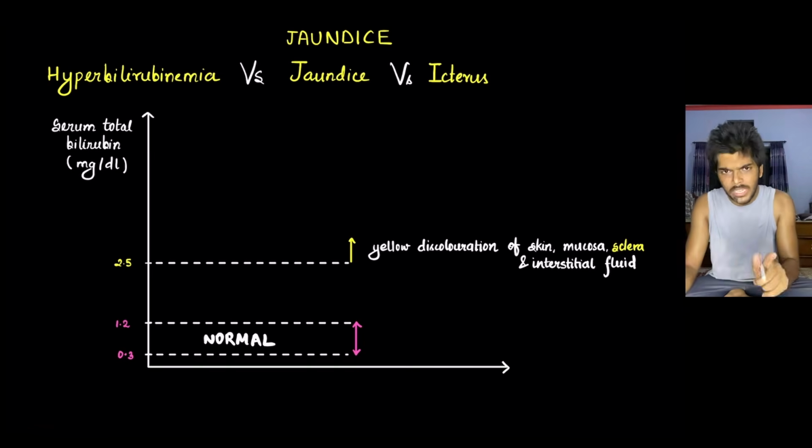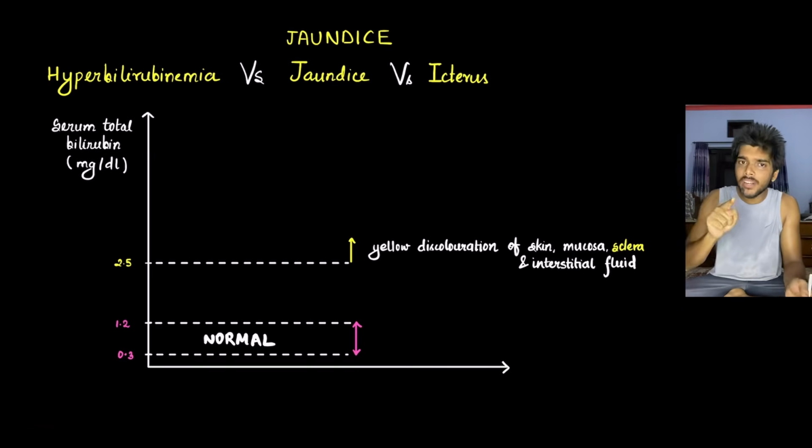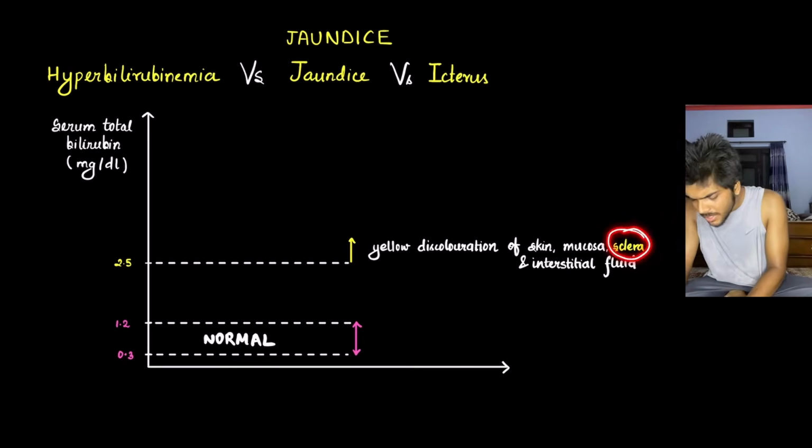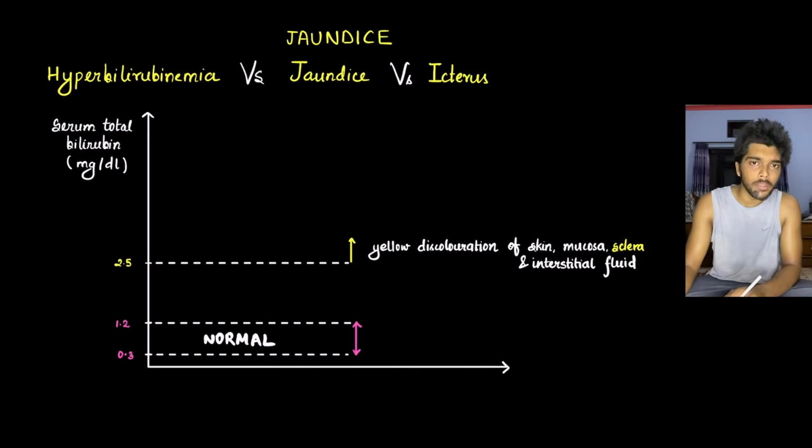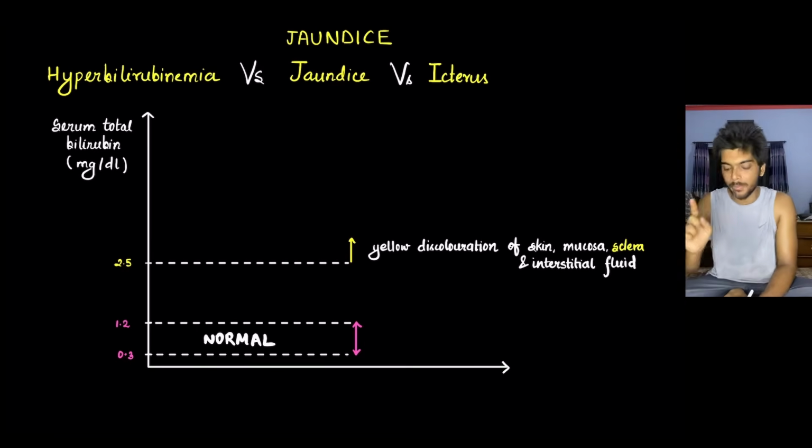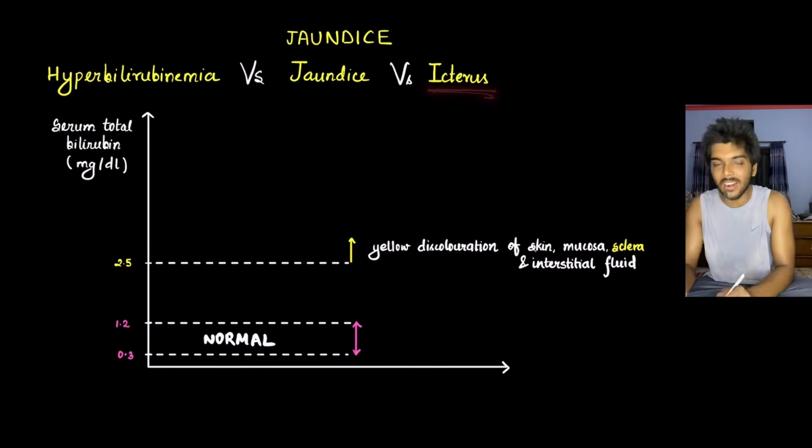Okay, now see, I said there is deposition of bilirubin in jaundice in skin, in sclera, in mucosa, and interstitial fluid. But I have written the sclera in yellow. Why? Because the yellow discoloration of just the sclera, I repeat, just the sclera, due to significant hyperbilirubinemia is referred to as icterus.